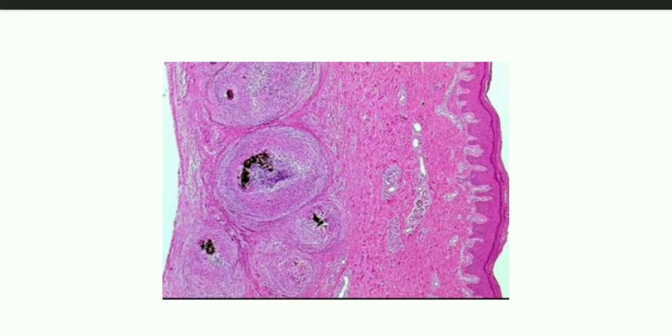Now how can you confirm? So you can do a skin biopsy. That is the best method. Now if you do a skin biopsy, what you observe is in the center you can see the grains, in the center of this inflammatory response, and there will be abscess also, whereas when you look at the periphery you can see club formation.